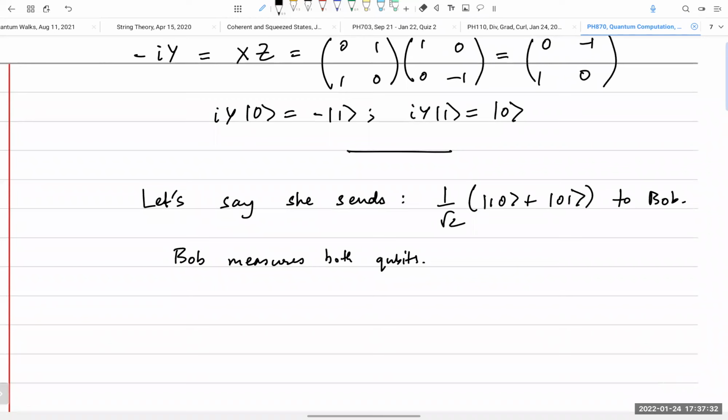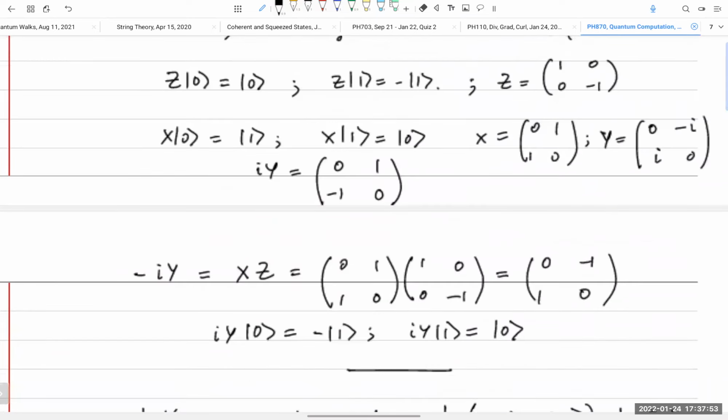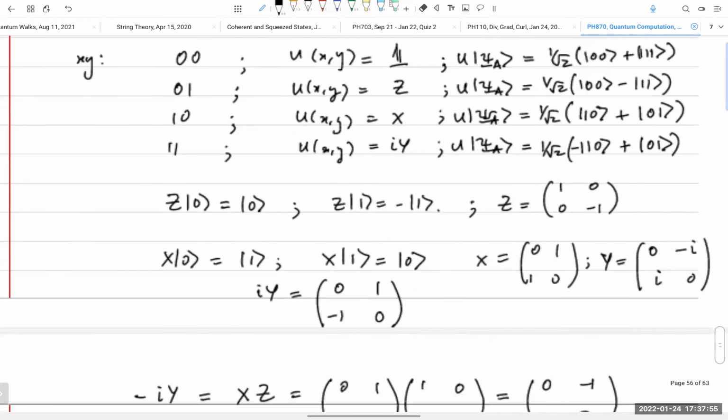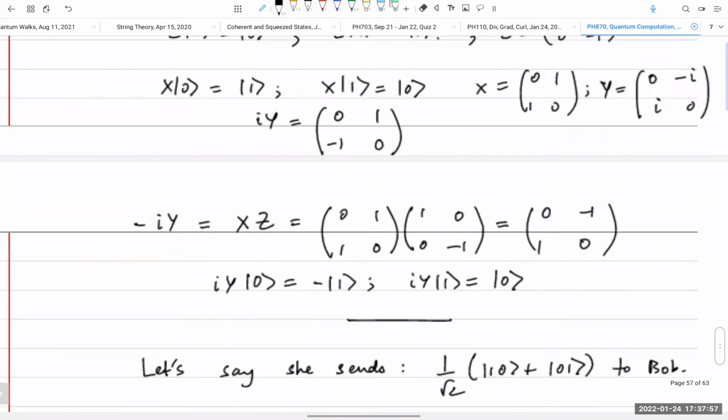And when he measures these 2 qubits in the Bell basis, he can determine that Alice has sent the message, in this case, 1, 0. Okay, so what is the Bell basis?